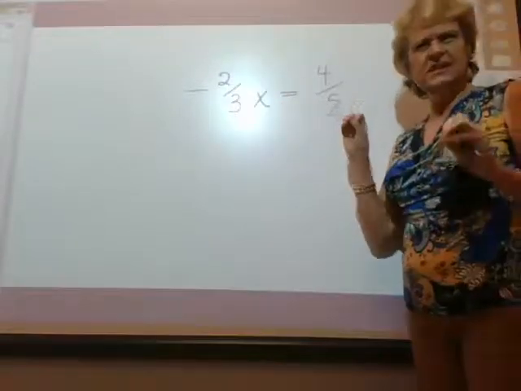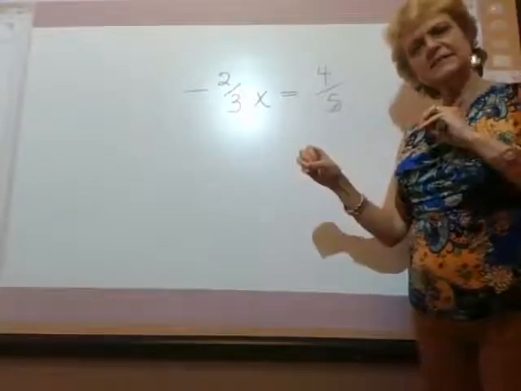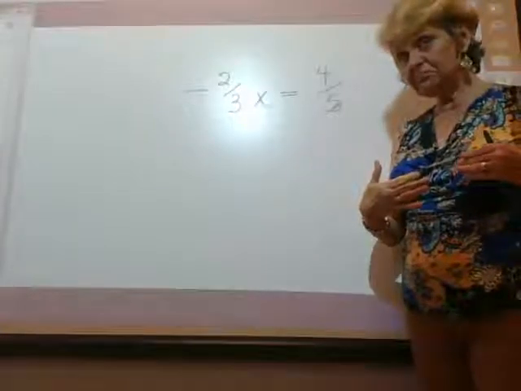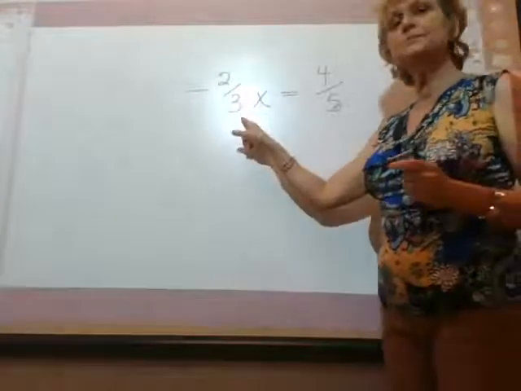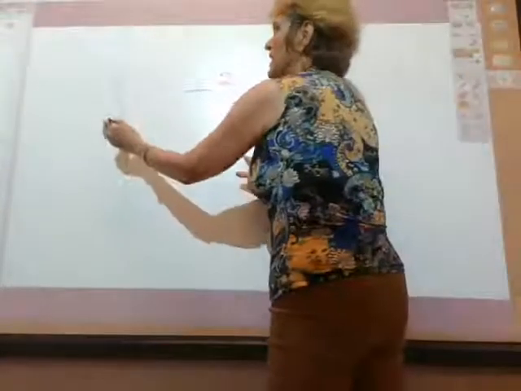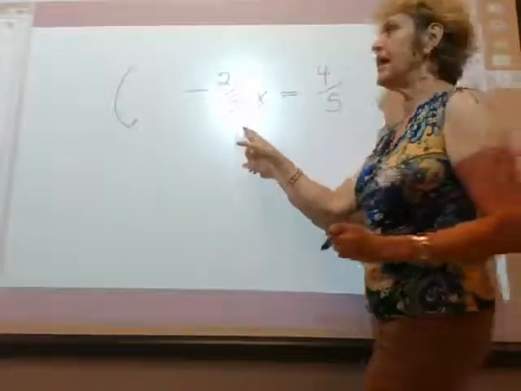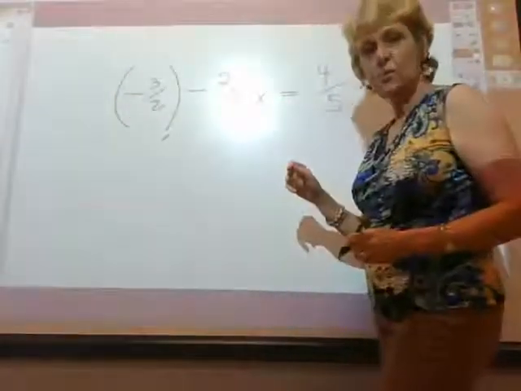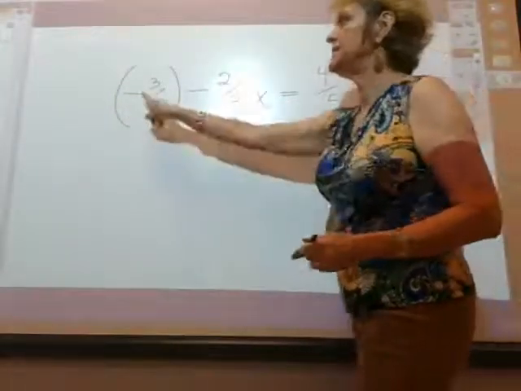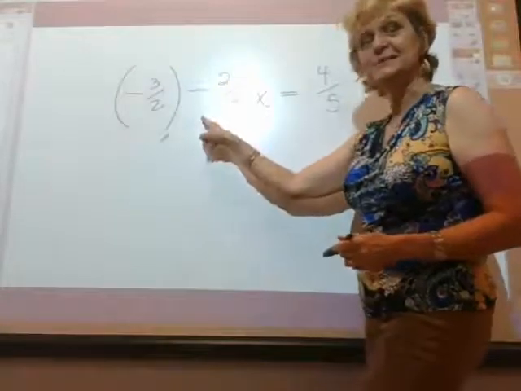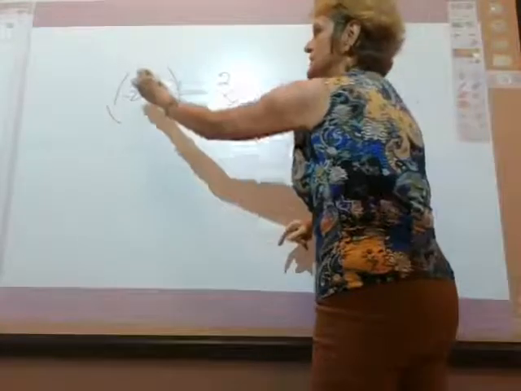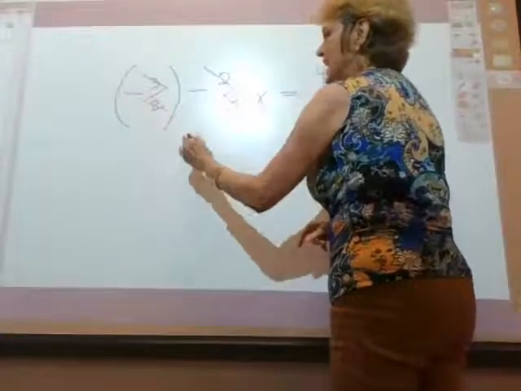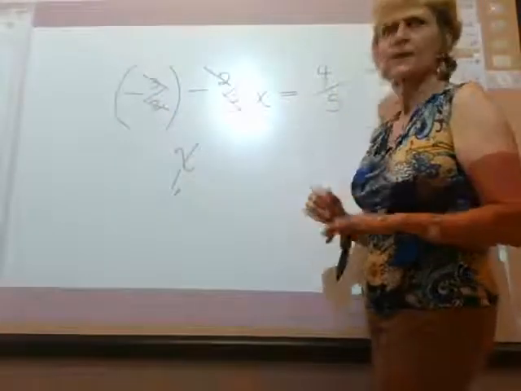Well, isn't a negative times a negative equal to a positive? Yes. So when I multiply by the reciprocal over here, I'm not just going to multiply by 3/2. I'm going to multiply by negative 3/2. Everybody see why I would be doing that? Because negative times negative is positive. The 3's cancel, the 2's cancel, and I have a positive x. Oh, that's what I want.